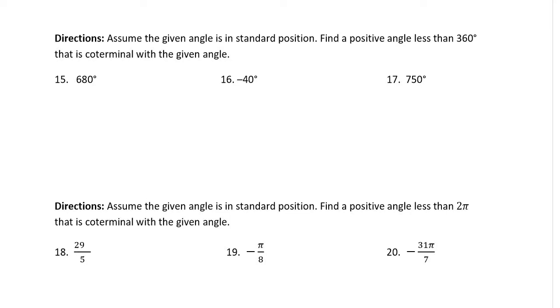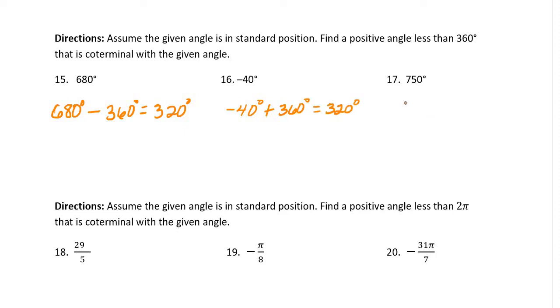So I have this angle that I start with that is 680 degrees, and I want to undo one rotation, so I'm going to subtract off 360 degrees, and that gives me an angle of 320, and that is less than 360, which is what my directions are asking for. Now, if I start off with a negative angle, what I need to do is add 360 degrees, and that will give me a 320 degree angle.